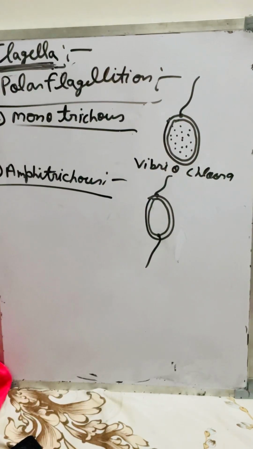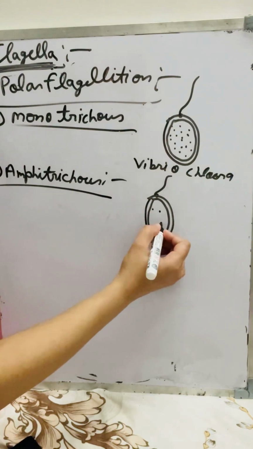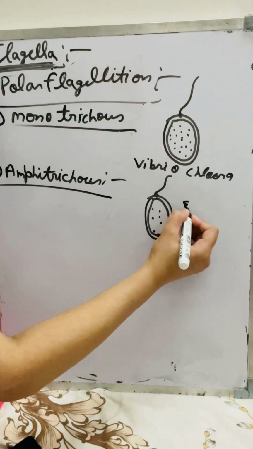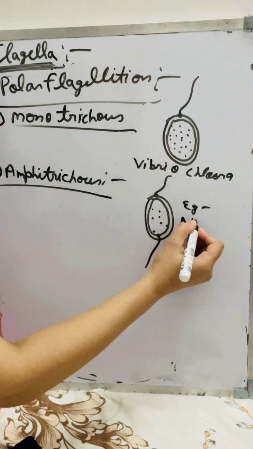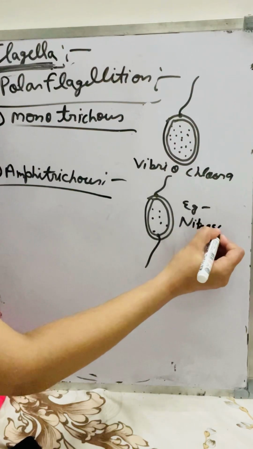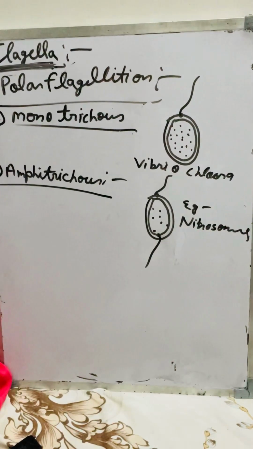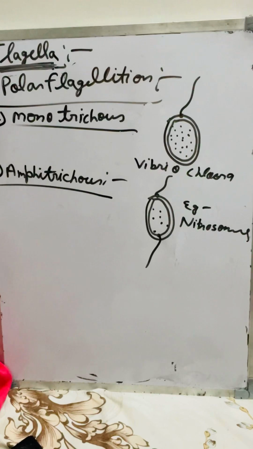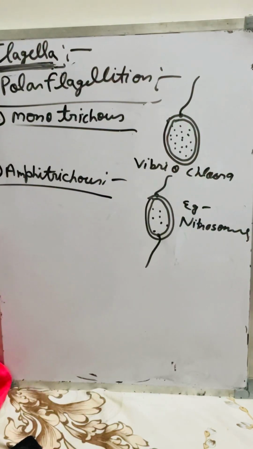The bacteria which have one flagellum on both sides are called amphitrichous bacteria. An example is Nitrosomonas bacteria.